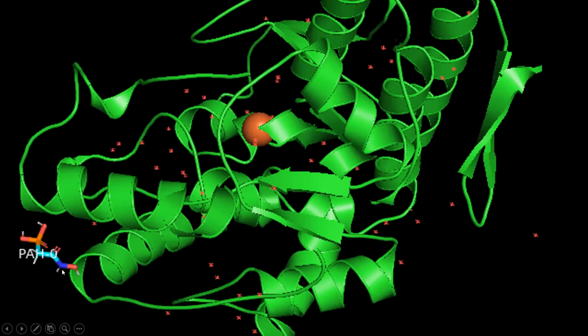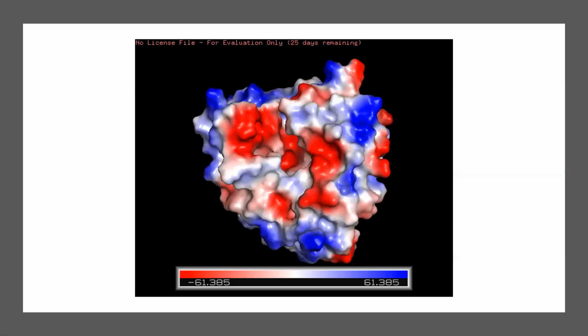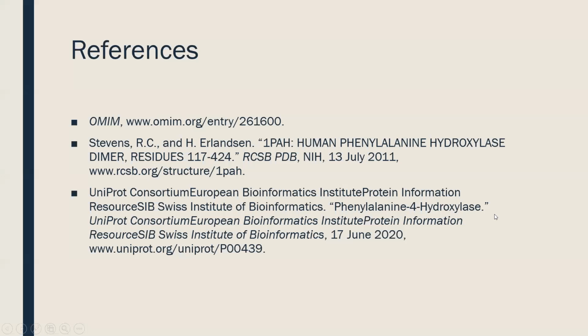I'm not sure if that's exactly correct, but that is what I tried. And here's the electrostatic image of that. All my sources were from OMIM, the PDB, and UniProt. So yeah.